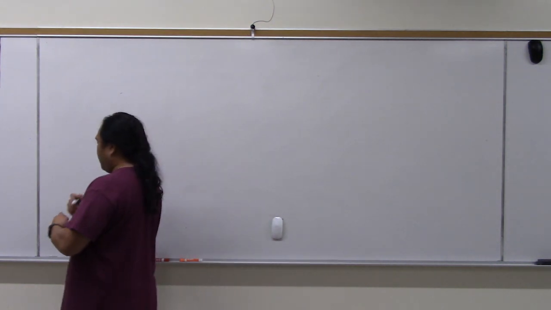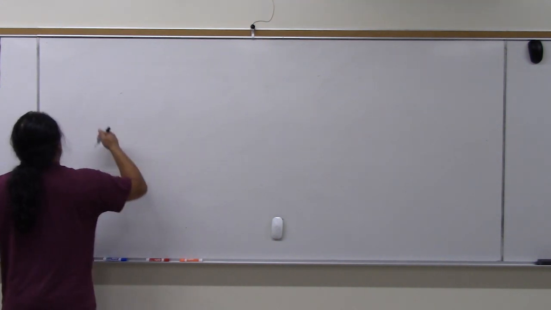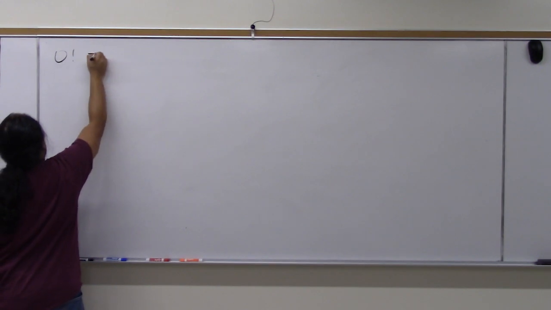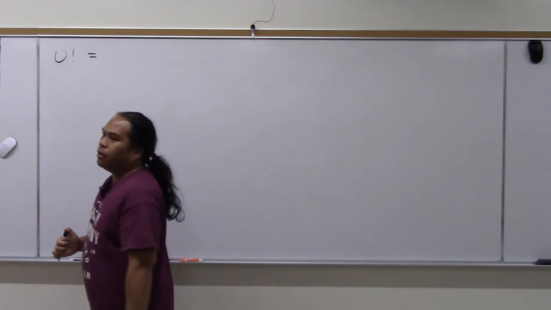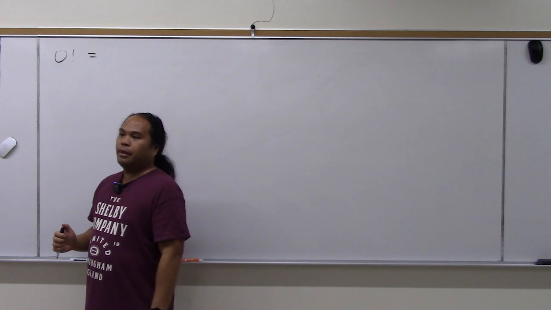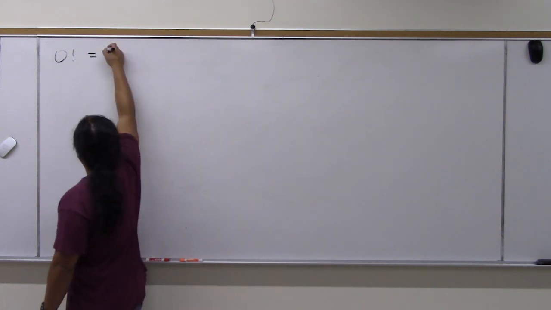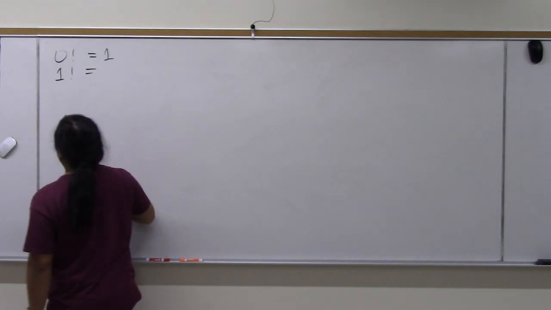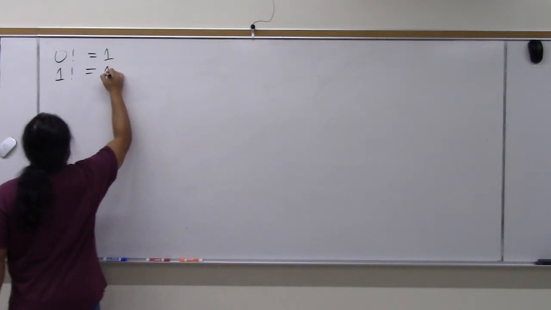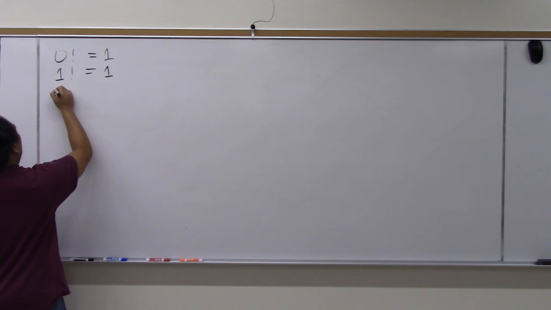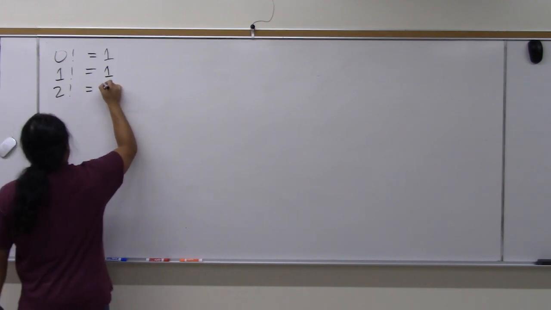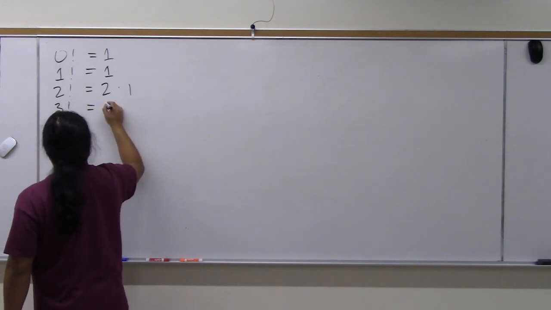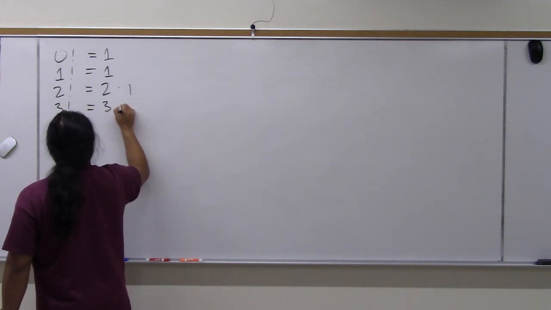All right, so the recurrence relation for a factorial. If I write this, factorial of 0, what is the result for that? 1, right? Factorial of 1 is what? 1. All right. Factorial of 2. If you've never seen this before, factorial of 2 bang, 3 bang, it's sort of like this.